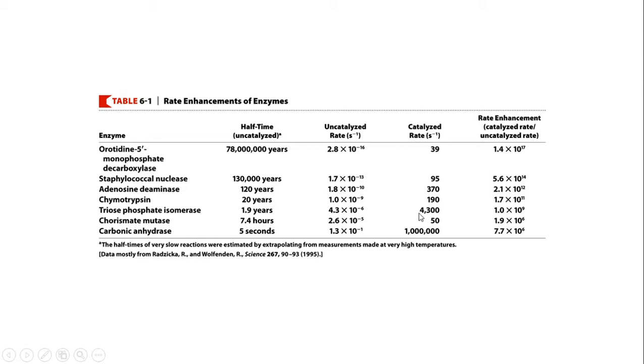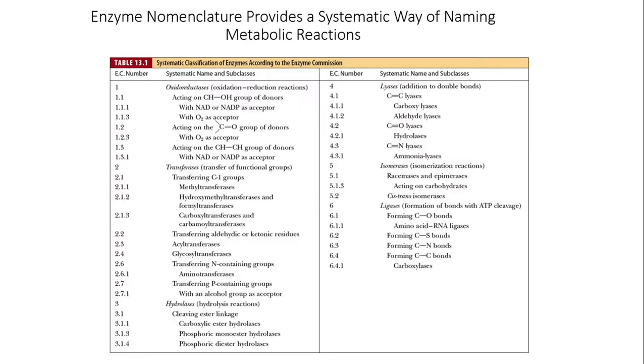The catalyzed rate is 4,300. Huge. So imagine we've got this enzyme in the glycolytic pathway, or glycolysis, that catalyzes a particular step in that metabolic pathway. If that wasn't present, we would not be metabolizing glucose at a rate which we could survive on.